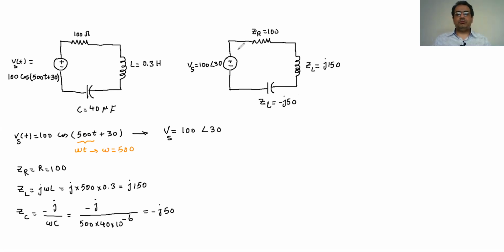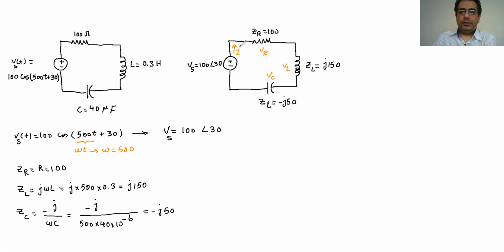The same as you have three resistances here, similar to having a DC source and three resistances in series. So if I want to solve that, assume I'm going to have the current going through this, and this current is going to be I. Here this one is VR, this one is the VL, and this one is the VC.